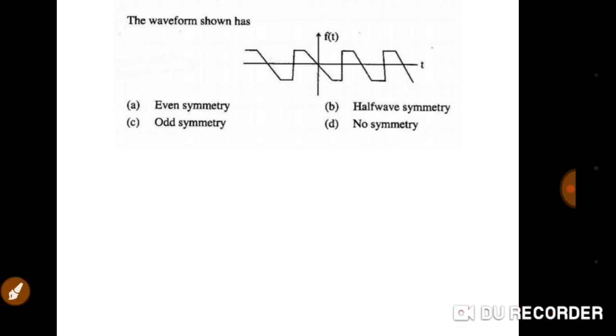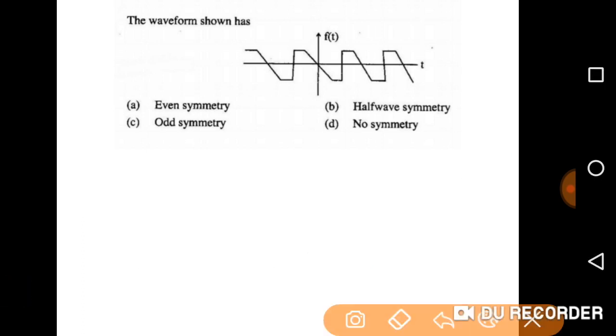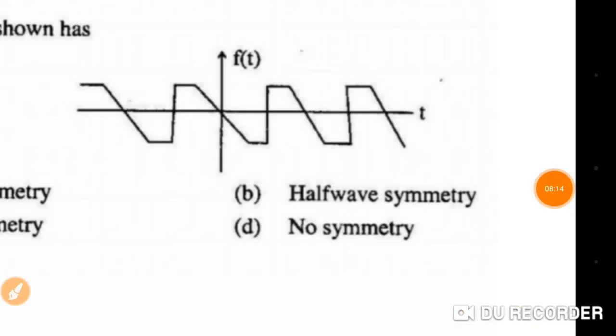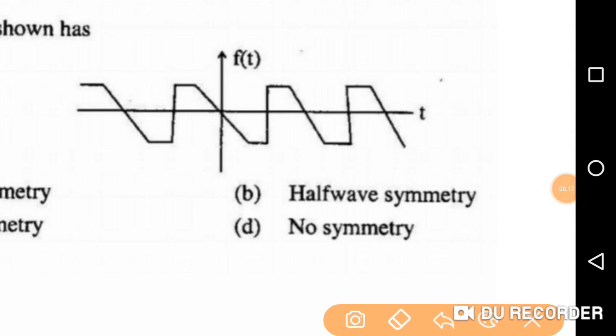Okay, now come to this problem. I zoom in on the problem for better understanding. Suppose at this particular point the value of f of t is this, and for minus t, at this particular point, the value is this. So the values at these two points are equal in magnitude but opposite in sign.